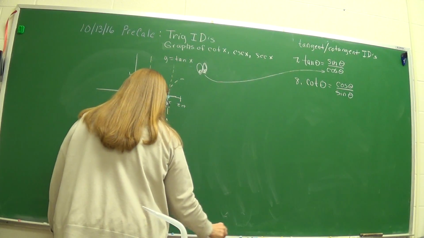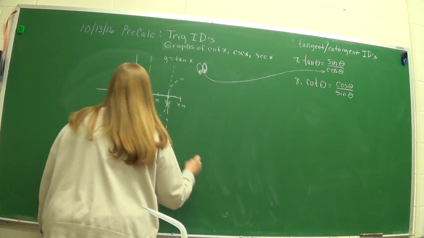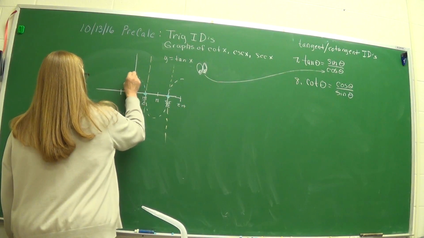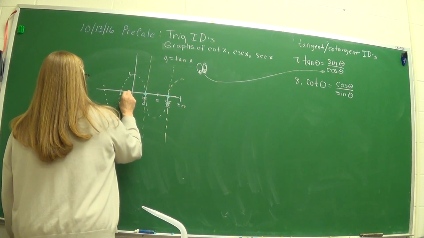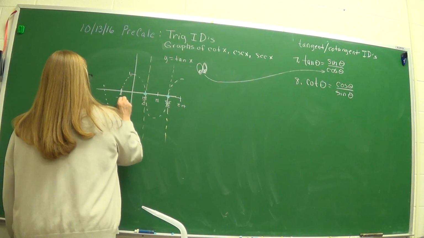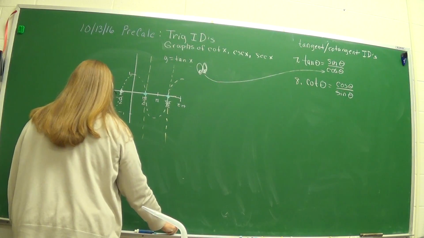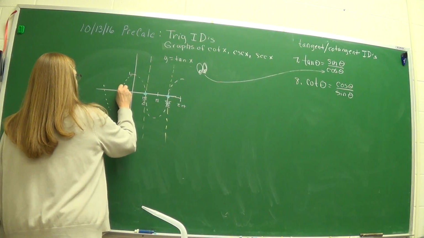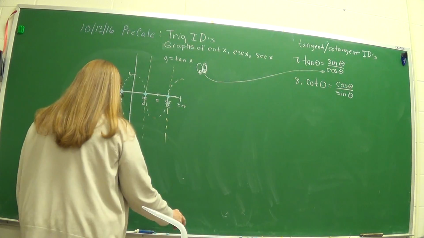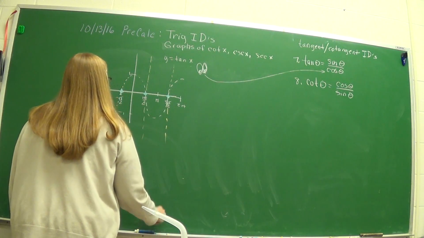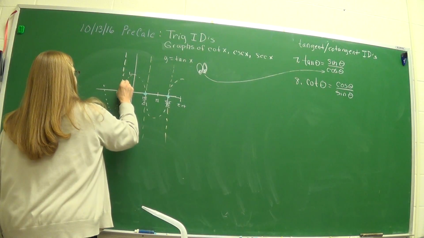Let's go on the other side as well. Over here, if the cosine curve was to continue, negative pi over 2 would be another 0, marked in blue. I know it shows up. Alright, so now we put in the asymptote here.